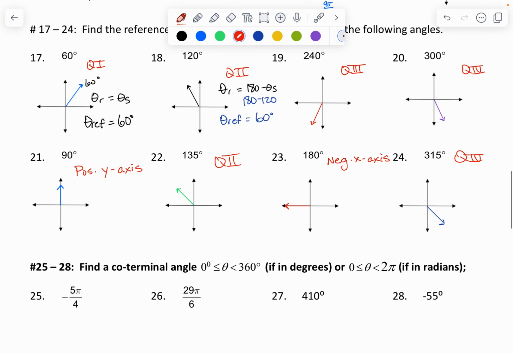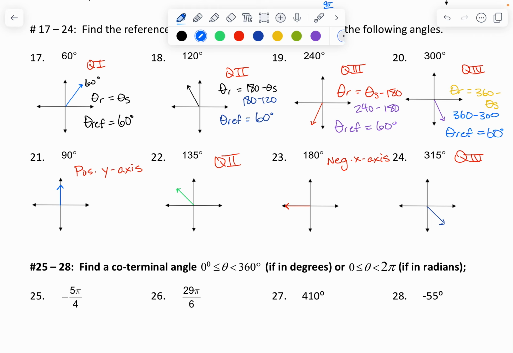When you're in Q3, your reference equals standard minus 180. So that'd leave us 240 minus 180, and that gives us a reference angle of 60. And then when you're in Q4, your reference angle is 360 minus standard. So we would say 360 minus 300, and that gives us a reference angle of 60.